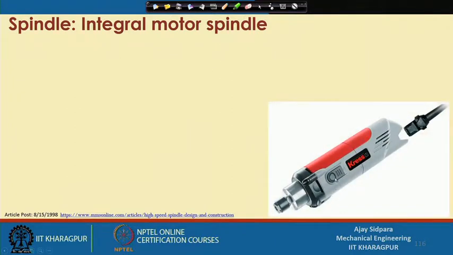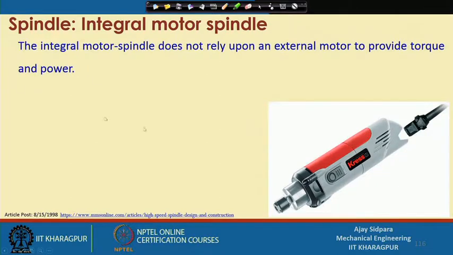So, these are some of the spindles where the spindle motor and whatever things you require for movement of the spindle shaft, everything is integrated in a single body. So, you do not require any belt drive or any other mechanism by which you can transfer the motion. So, the integral motor spindle does not rely upon an external motor to provide the torque and power.